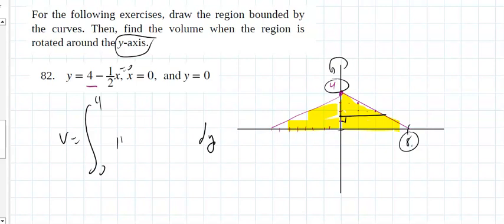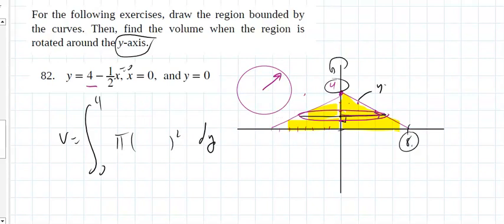Pi times the radius squared. As this rotates, it's going to create a disk right there. It's not a washer. So all I need to do is figure out what this is, and this distance is right minus left.